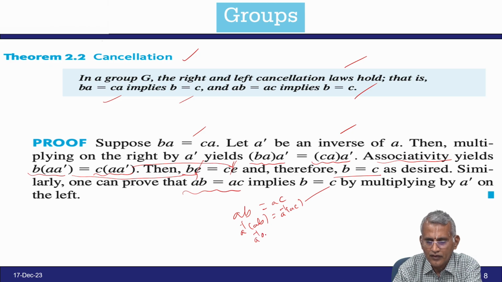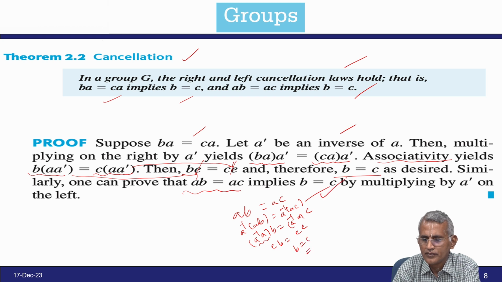So A inverse of A into B equal to A inverse of A into C. So we have E into B equal to E into C, therefore B equal to C. So multiplying by A dash on the left, we get the cancellation property of this group.